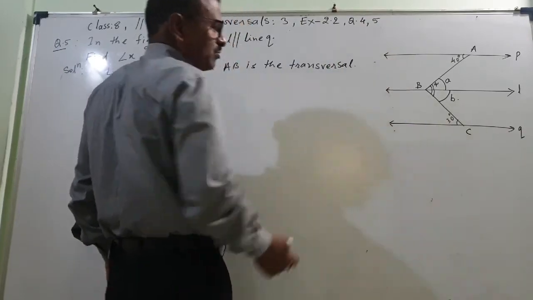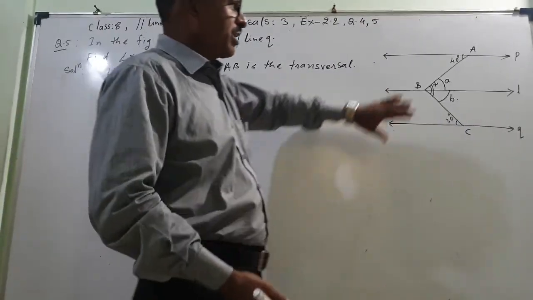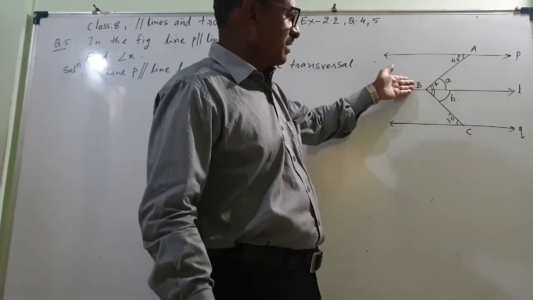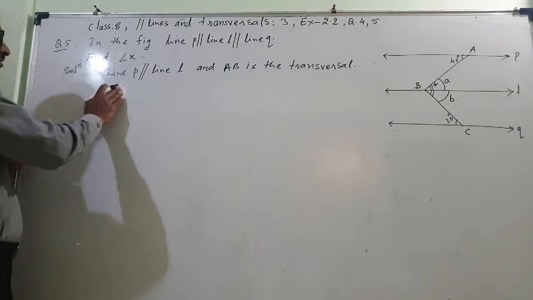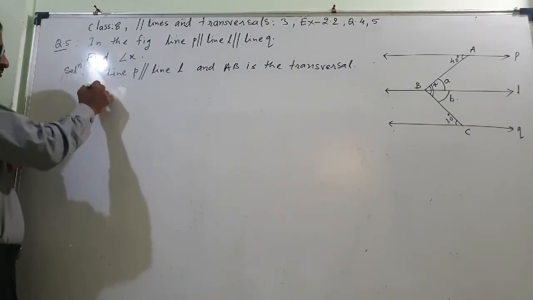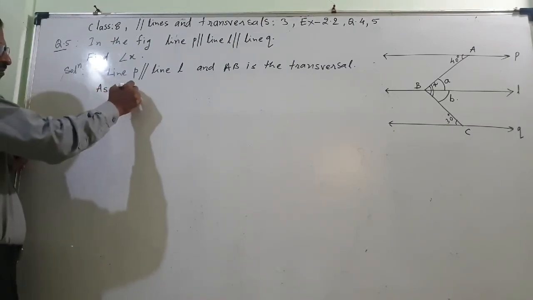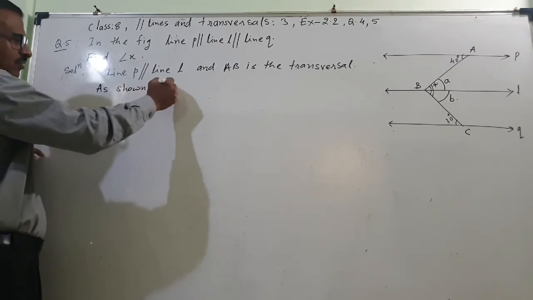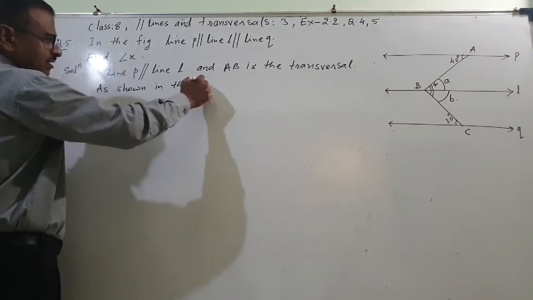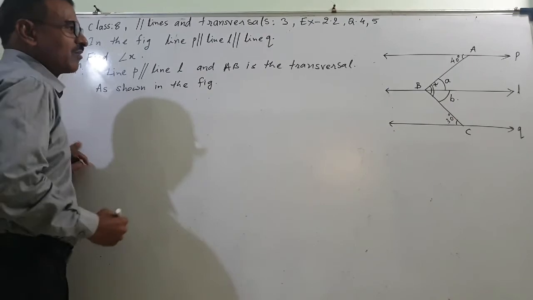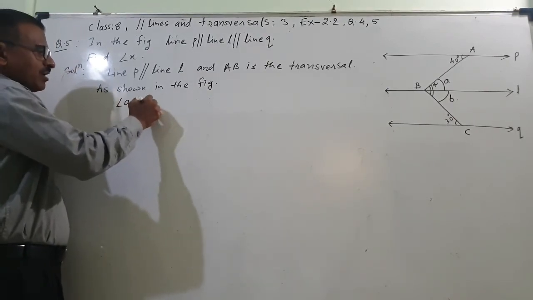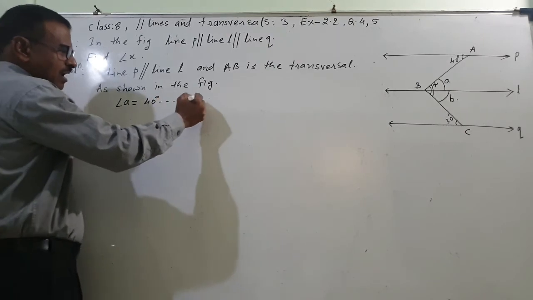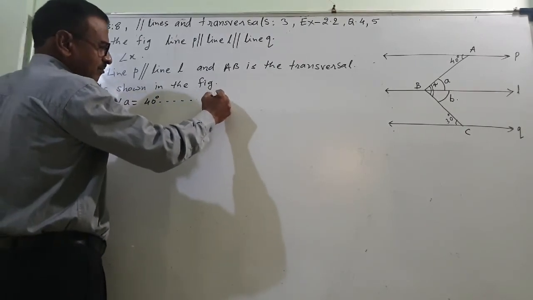This we have assumed. Though they have not given, we will assume that this is AB and this is BC. As shown in the figure, angle A equal to 40 degree. Reason, alternate angles.